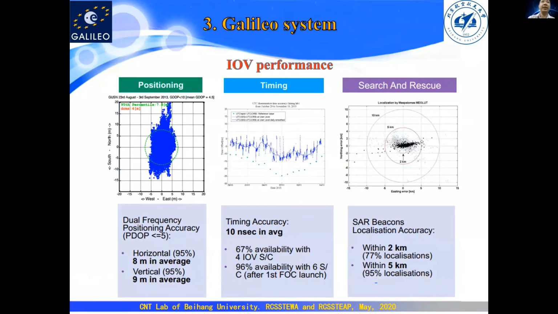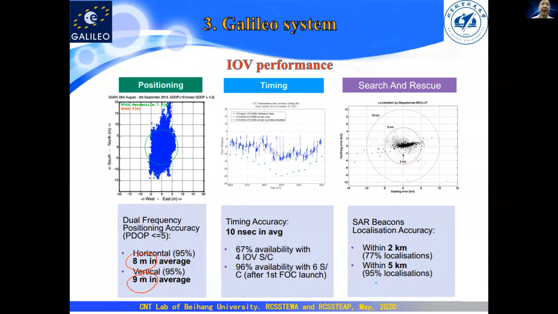This is the initial test of positioning with the Galileo system. I will show you, for example, that the horizontal accuracy is 8 meters and the vertical 9 meters.